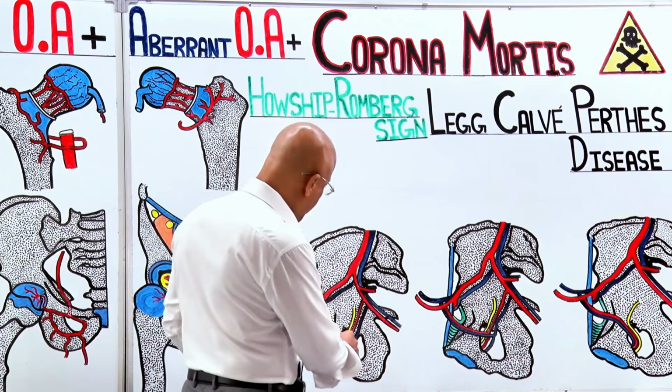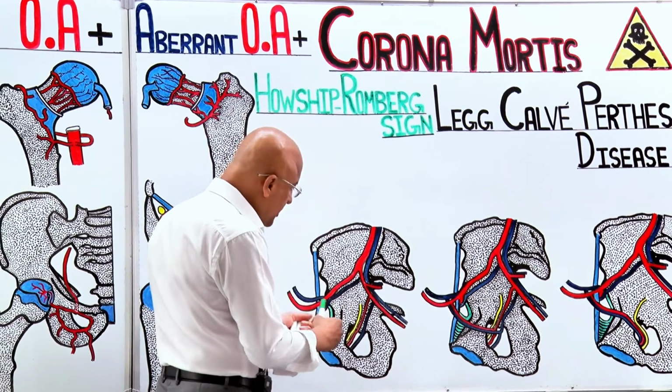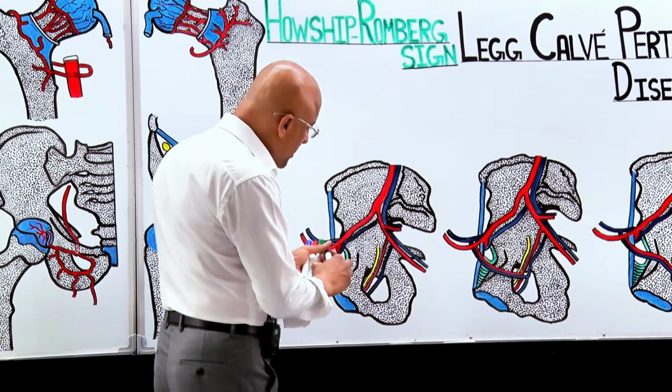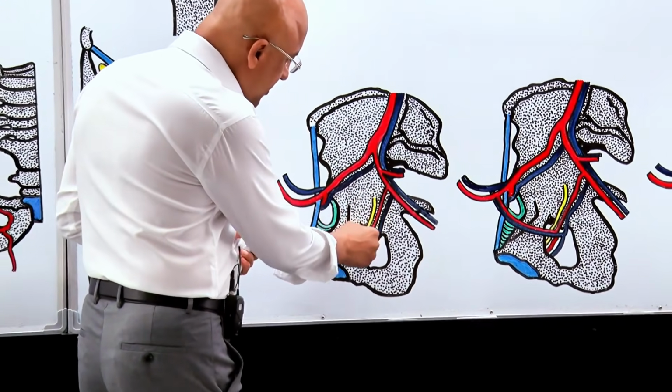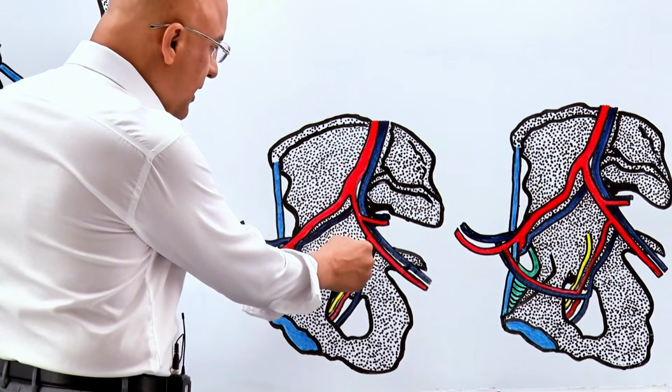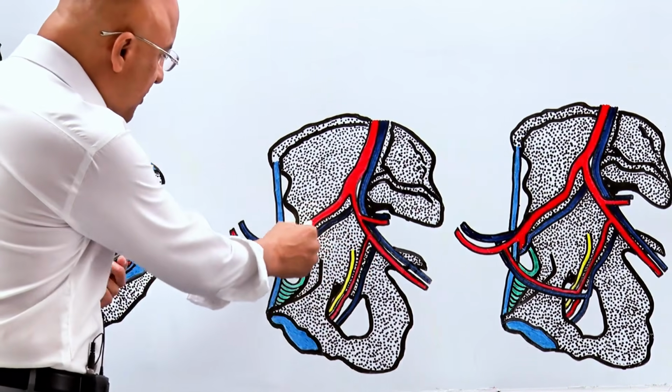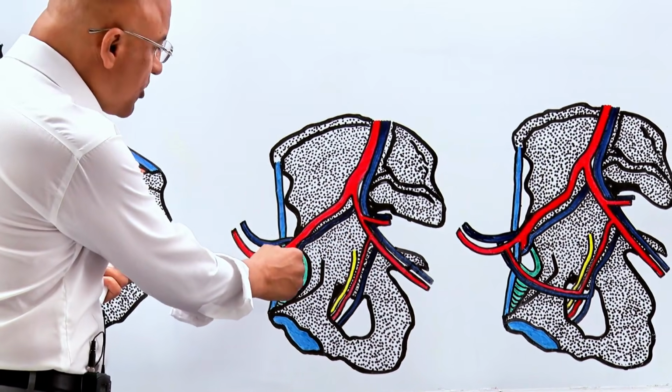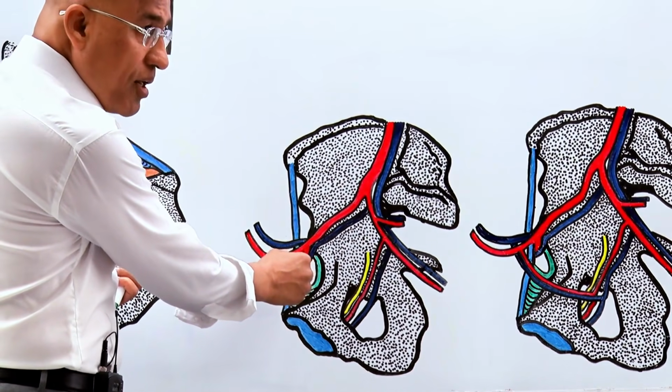Now, let me show these arteries. Look here. This is the obturator artery, right? It has origin only from the internal iliac system, and from the external iliac system there is no additional artery.